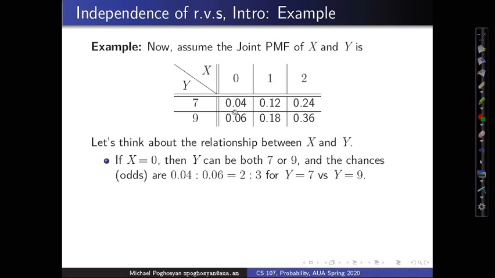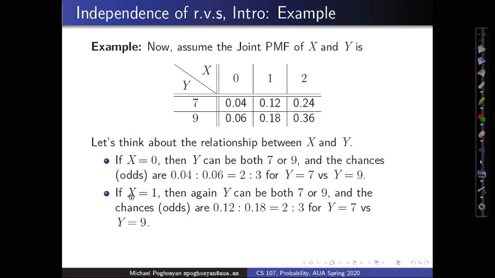That is, with probability 2 over 5 it will take the value 7, and 3 over 5 it will take the value 9 if we know that x is 0. Now what if we know that x is 1? If we calculate the same odds in this case, then we will have the same number, 0.12 over 0.18, which is giving 2 to 3.